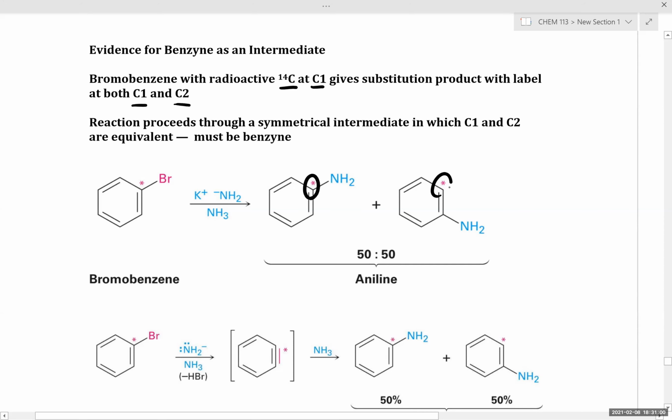Because we see a 50-50 mixture, that is telling us that we are going through an intermediate in which both of our carbon sites are equally reactive. And this supports this idea of a benzyne-like intermediate. Does this idea make sense to everyone? Any questions on this idea?